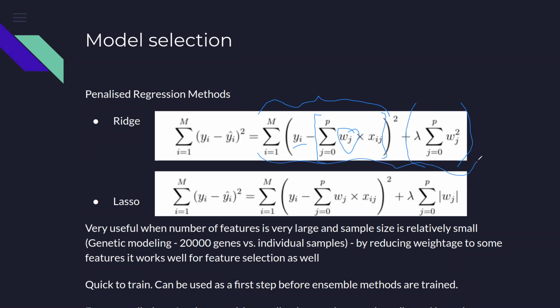So my error is not just the difference between the actual and the predicted. If the weight is high, then this error term becomes high. And what does the system do? The system will try to minimize the error. And therefore, wherever the weight is not too high, that is what would be considered as the minimum.